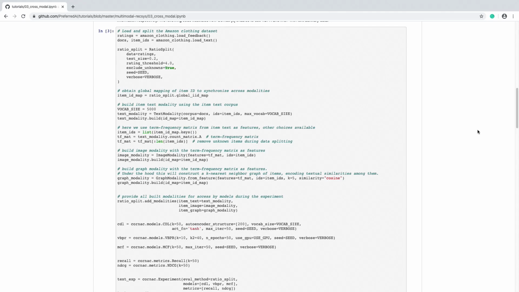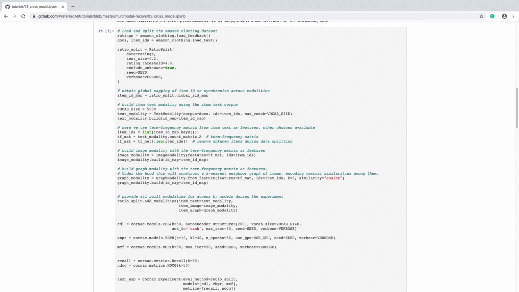So I invite you to take a few seconds to analyze the code. The first part is just to load your data and split it. And then from that, you just need to build the text modality. One important technical detail here: you need to keep some mapping when building this modality, because you will be running multiple models. It's important to ensure that you have the same mapping across different models. There is not much to do.